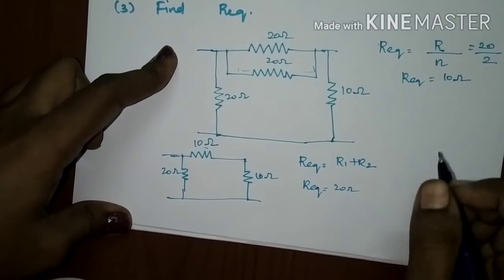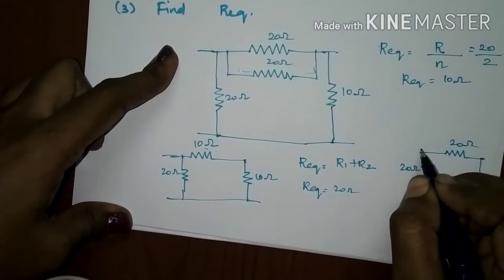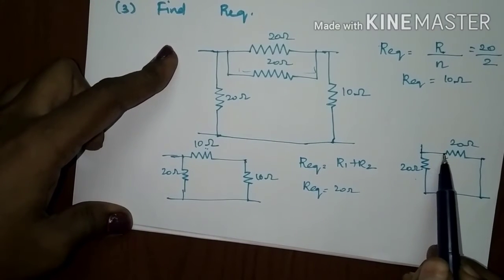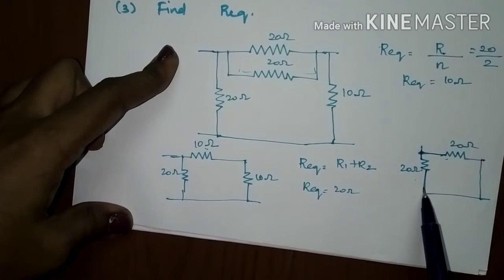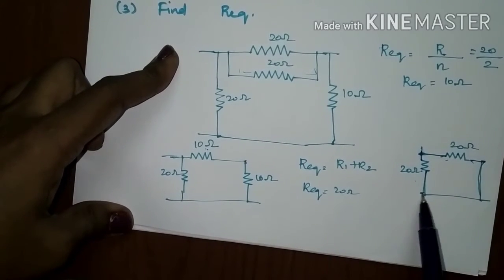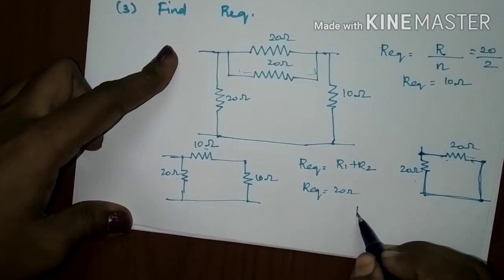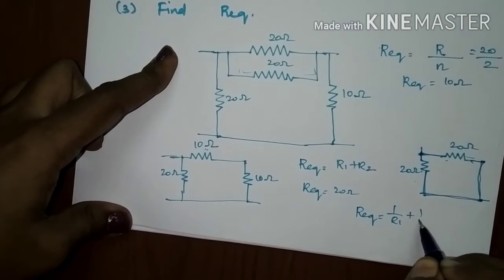Your further circuit will be reduced into resistors connected like this. See, if you see this, these resistors are connected in parallel, right? One end of this resistor and one end of the other resistor are connected to a common point and the remaining two ends are connected to some other common point. It forms a parallel connection. For parallel connection, 1 by R equivalent would be equal to 1 by R1 plus 1 by R2.